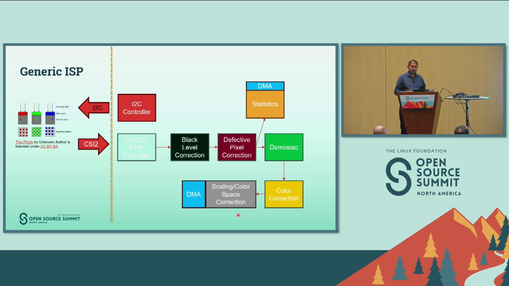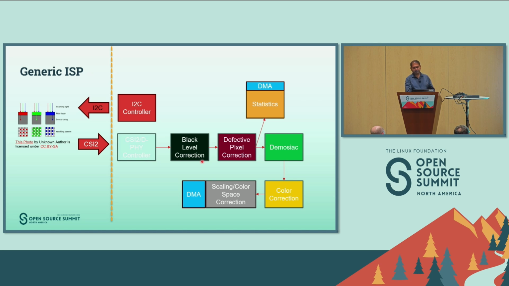Now let's take a look at a generic ISP that could be in one of these SoCs. There'll typically be an I2C controller to control the image sensor so that you can set up the image sensor, set various parameters, and cause state transitions within the image sensor. Think of it as the control bus, whereas the data path is through MIPI CSI2, which would typically come into a CSI-2 controller, and then pass through various levels of the ISP.